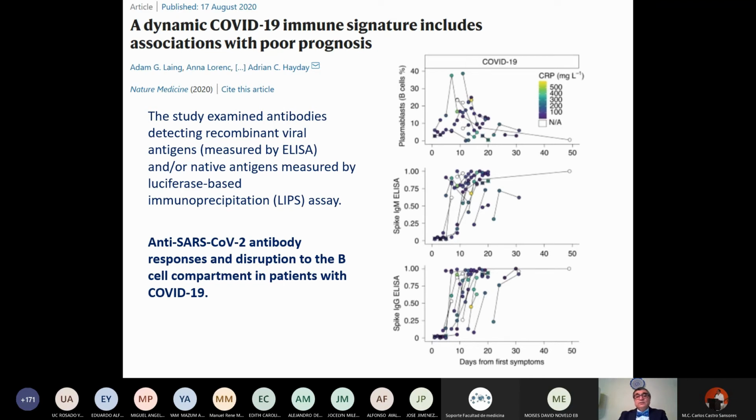They looked at the immune signature profile. This was a very elaborate study from a large group of patients. You can see the plasma cell percentage is quite scattered, and while scattered, it cannot reach a higher level.